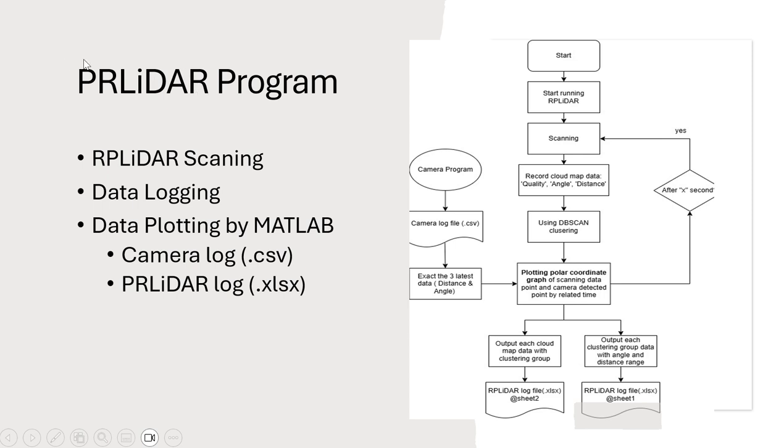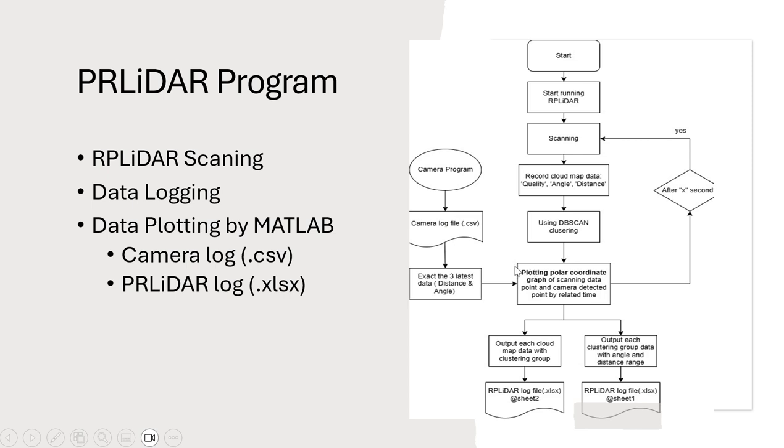Then my part is the RPLiDAR program, which includes the RPLiDAR scanning, data loading, and the data plotting by MATLAB. For the data logging, on the right hand side, we start running the RPLiDAR program, start scanning, and record the count map data, which is the location of the point surface, and then cluster using DBSCAN and plot the polar coordinate graph for the time scale scanning.